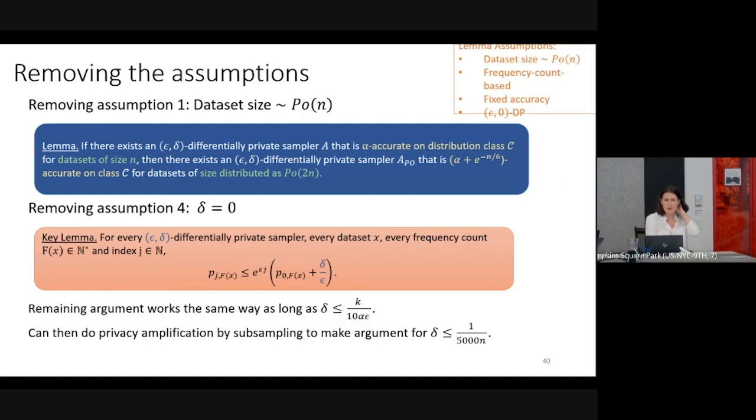So the remaining argument works basically in the same way, as long as delta is less than k over 10 alpha epsilon. And then you can do some privacy amplification to get delta up to 1 over 5,000 n. Yeah, so the key ideas behind the argument still work.